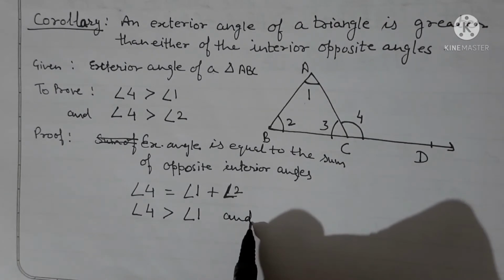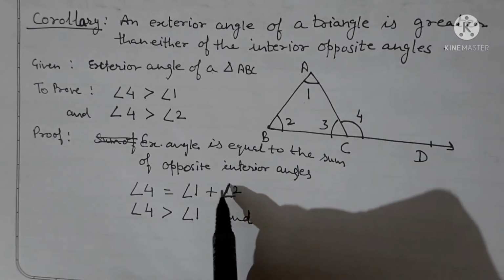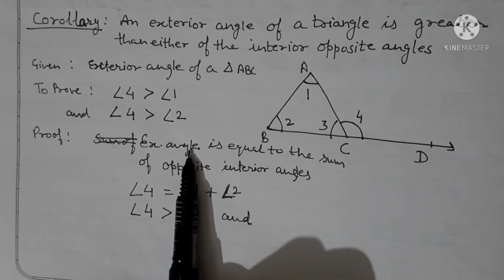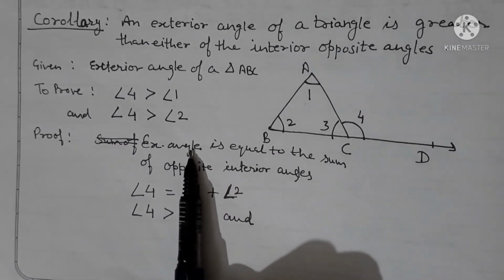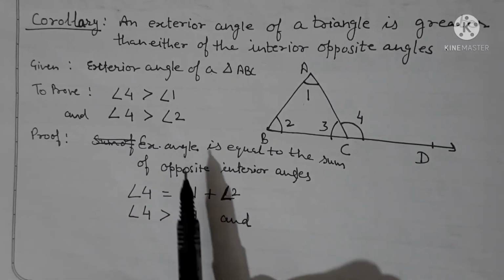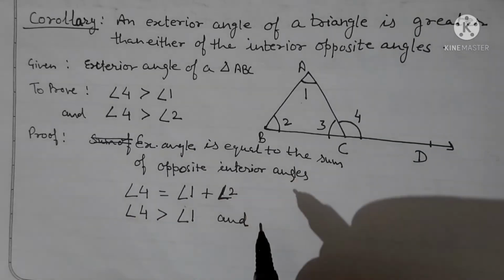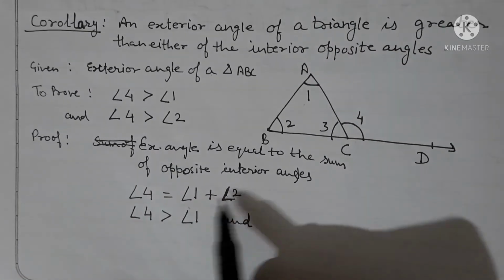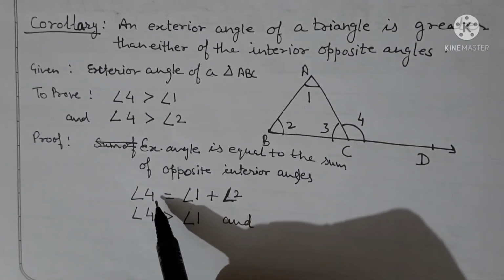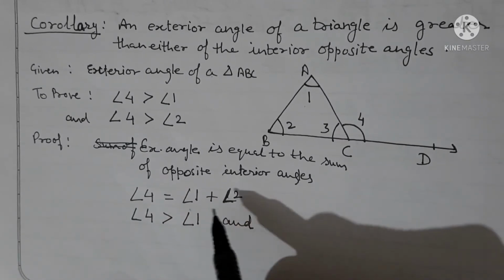And if we remove 1 from here, then the value of 4 will be bigger than angle 2 because you are deducting some part. So this part will be more than the part.